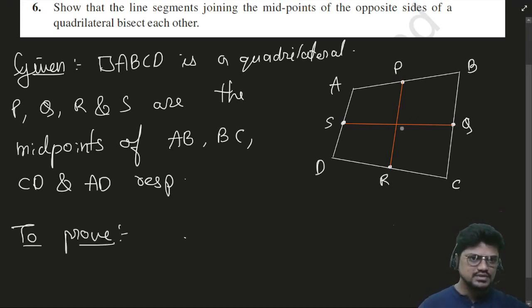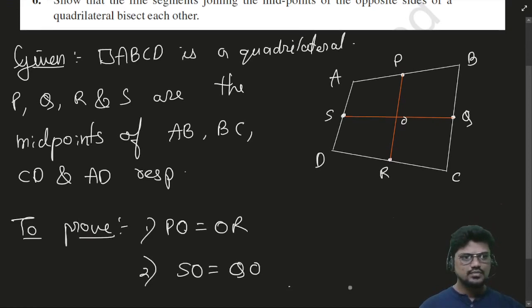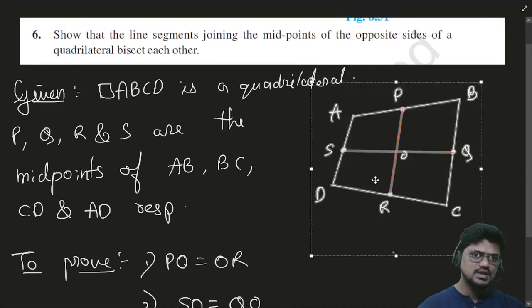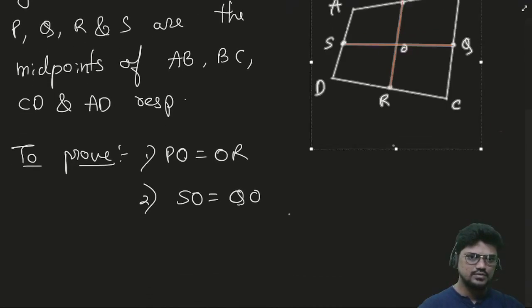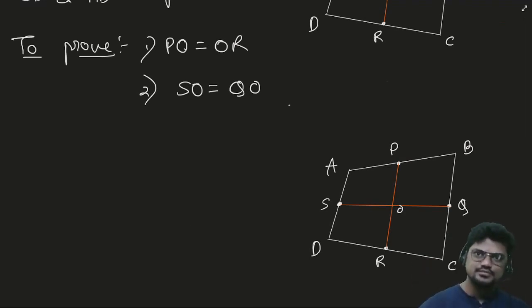To prove: if this is O, PO is equal to OR, that's the first, and the second, you have to prove SO is equal to QO. Fine, this is what you have to prove. Now to prove this, let's take this diagram. Let's join all the points.